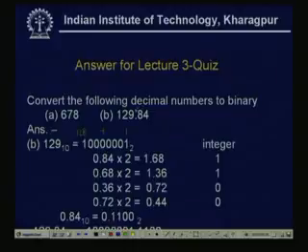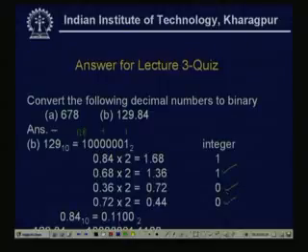Now, the non-integer portion I can get by repeated multiplication by the radix value. The first non-integer part is 0.84, multiplied by 2 it becomes 1.68, and the integer is 1. Similarly, I take the non-integer portion again, multiply by 2, get another integer 1, and in that way I get 0, 0.